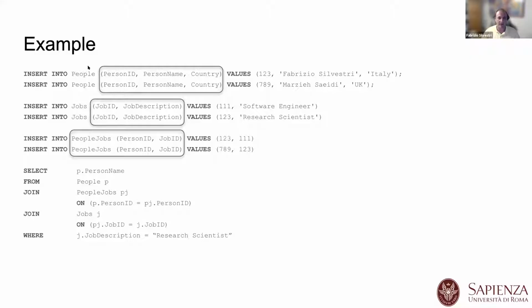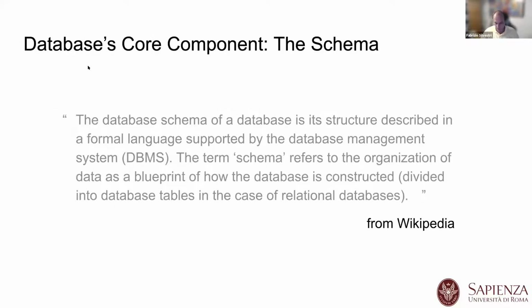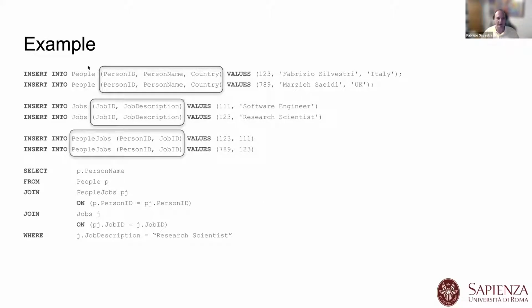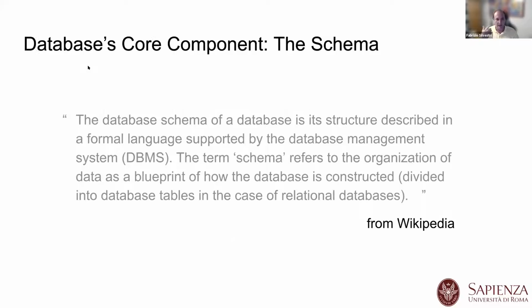The most important thing here is that whenever you insert data in your database, you have to consider the structure of the database itself. So whenever you insert new people, for instance, in the people table, you typically have these three features: the ID, the name, and the country. And it's important that you always insert data under that form.